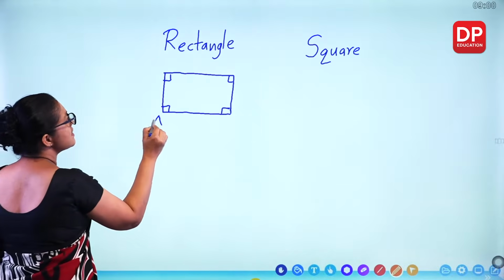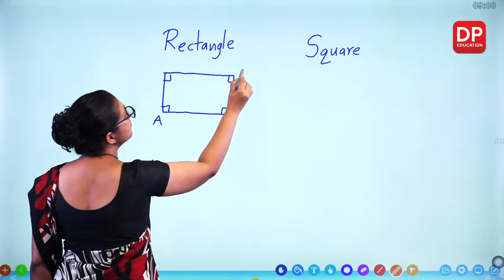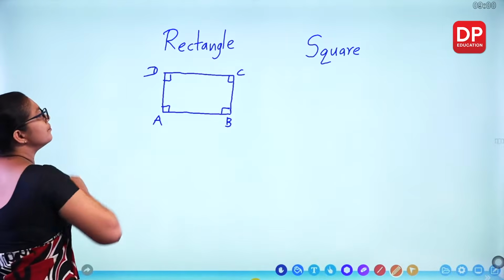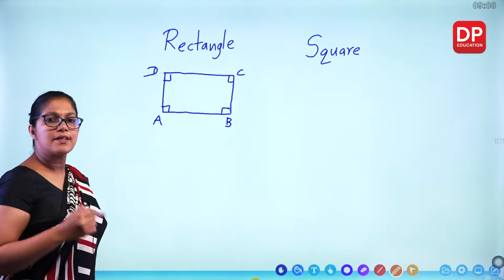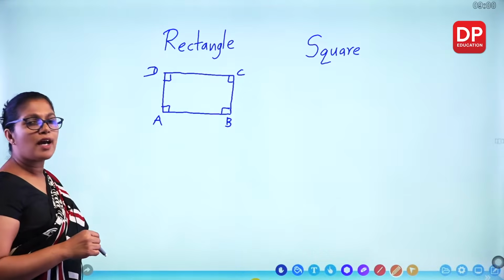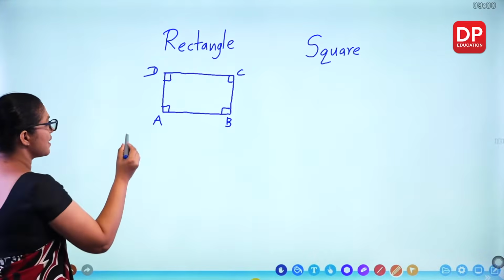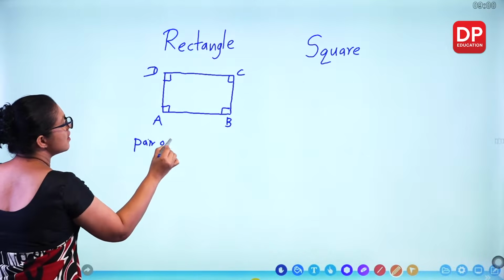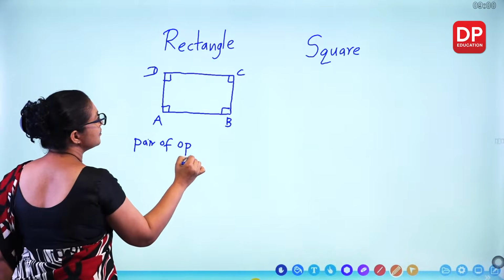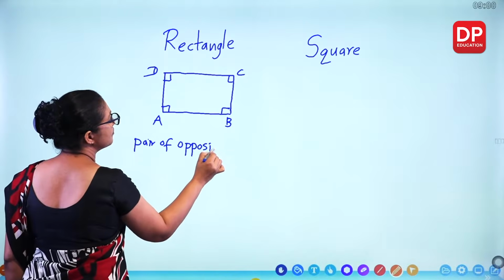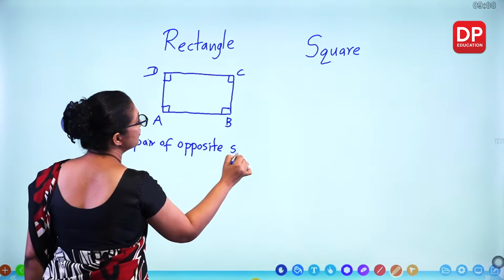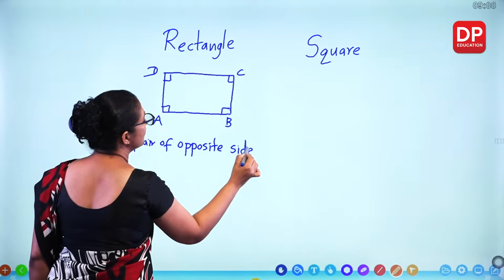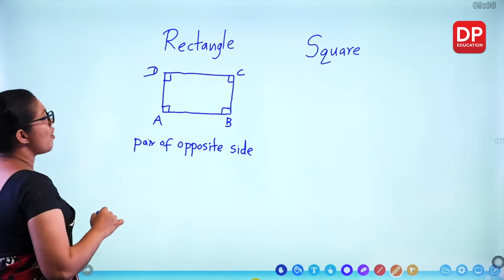I'll label this as A, B, C, D. In this rectangle, what are the pair of opposite sides?